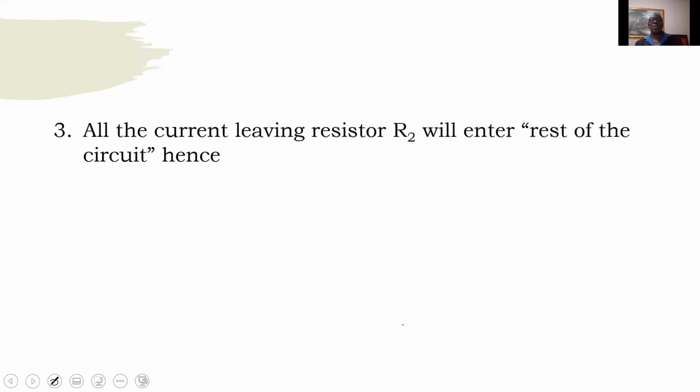All the current leaving resistor R2 will enter the rest of the circuit, which means therefore that R2 is in series with the rest of the circuit. So we are going to have a plus sign and we are opening another bracket. So we're expanding our equation, and here we go. R1 is in series with the rest of the circuit, and R2 is in series with the rest of the circuit. R2 plus open bracket.